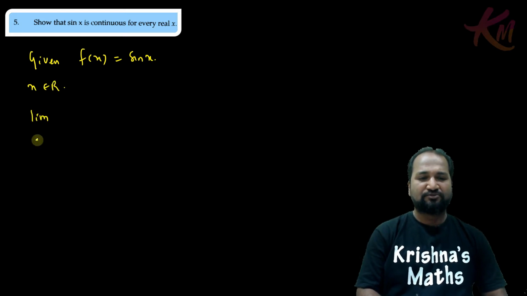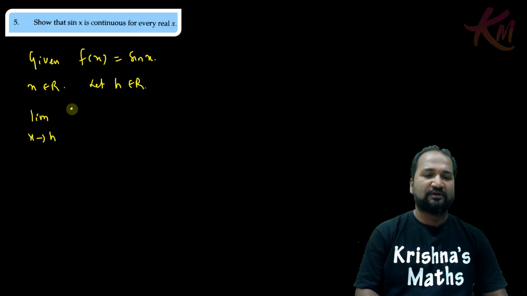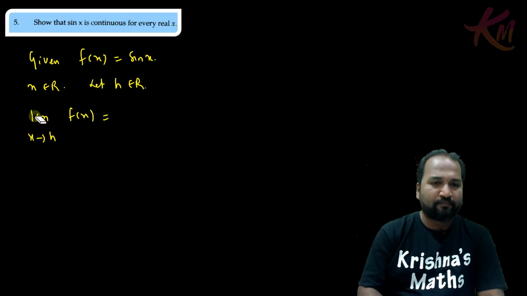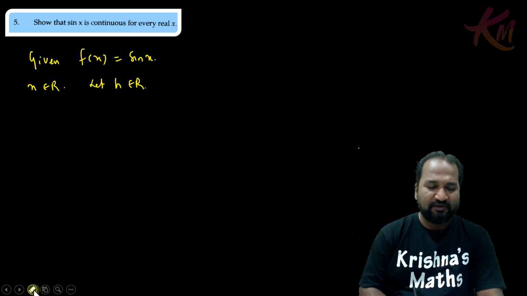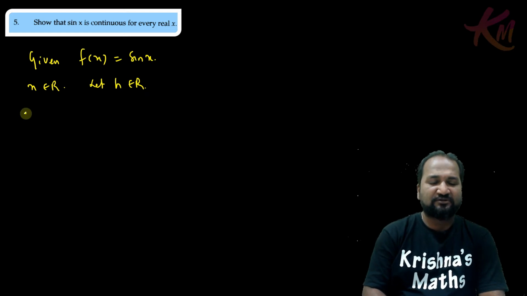So limit x tends to, let h belong to R. Limit x tends to h. f of x is equal to, so we take one real number h. At h we check whether the function is continuous or not.